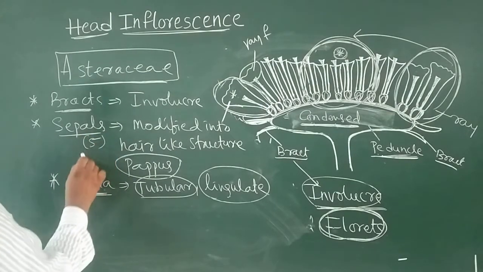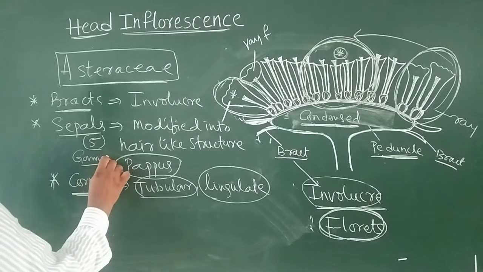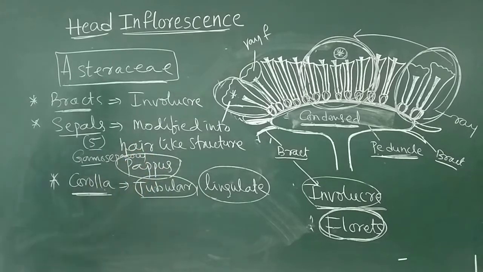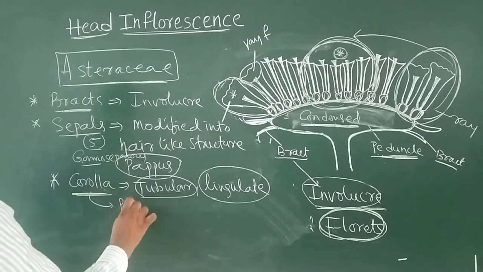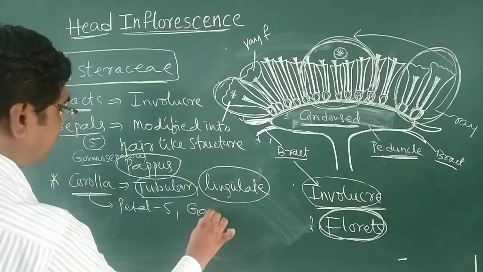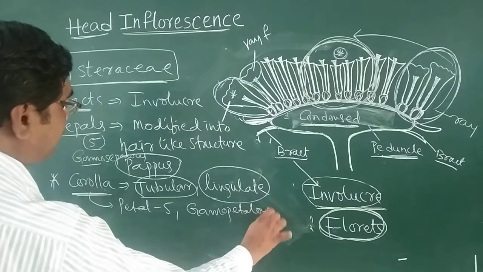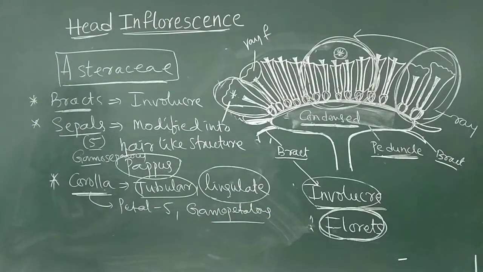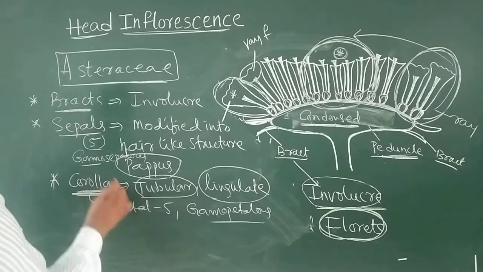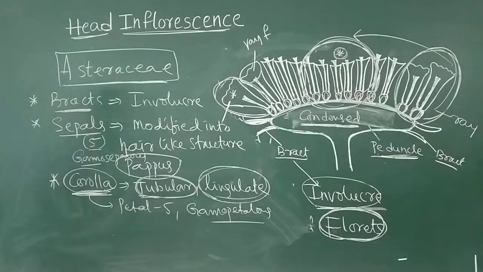Sepals are 5, the sepalous condition. Petals are 5, the petalous condition. Some petals are tubular in structure and some petals are ligulate in structure.